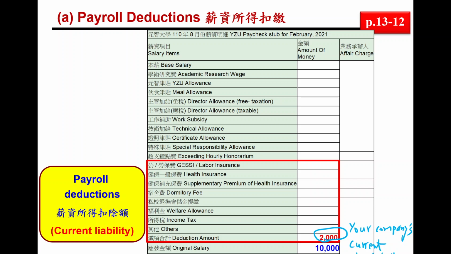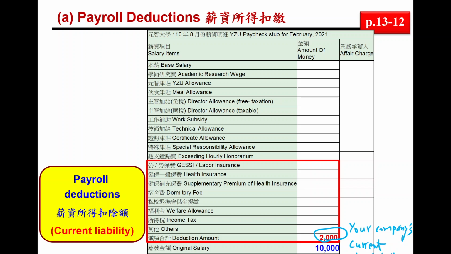Have you heard about that? It's a different insurance. So the school pays the insurance fee for me to different units, like labor. Labor is government, okay? And also pays different kinds of insurance, health insurance, 健保, okay?